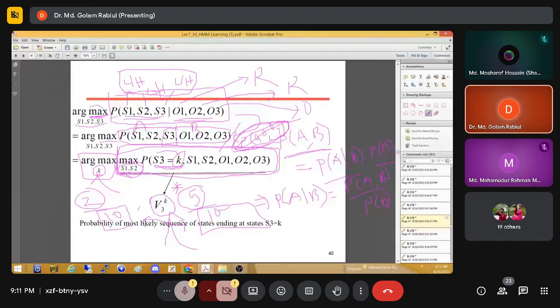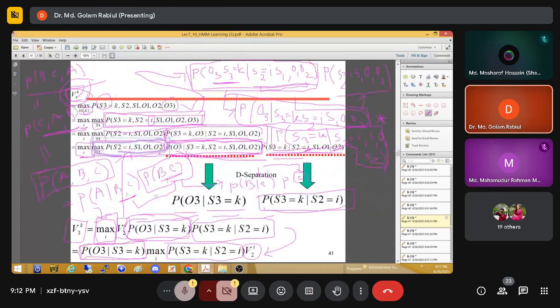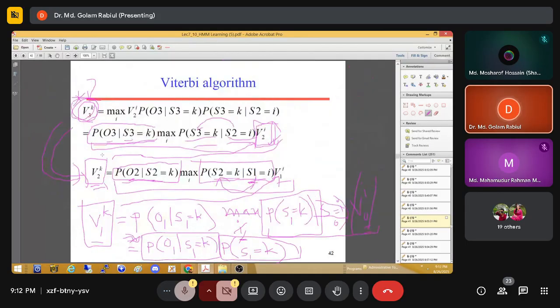And then we will trace back to day 2. For this highest value of K, which value of K of V2 is responsible? Okay, that will be our day 2's state.